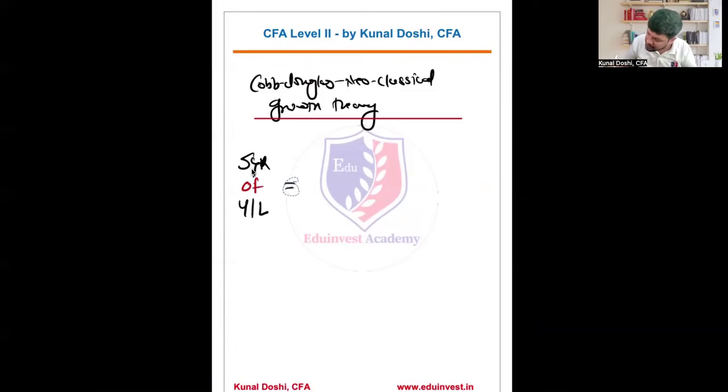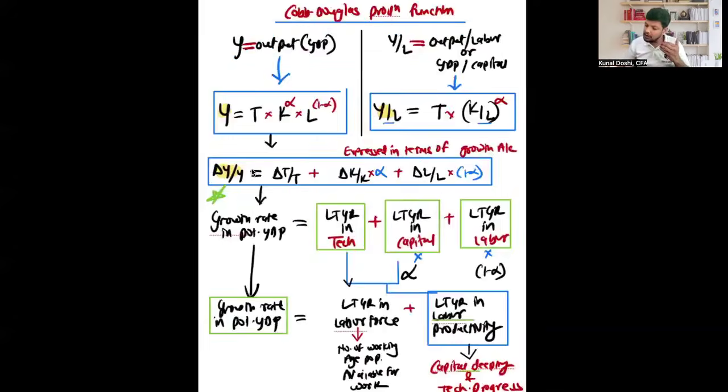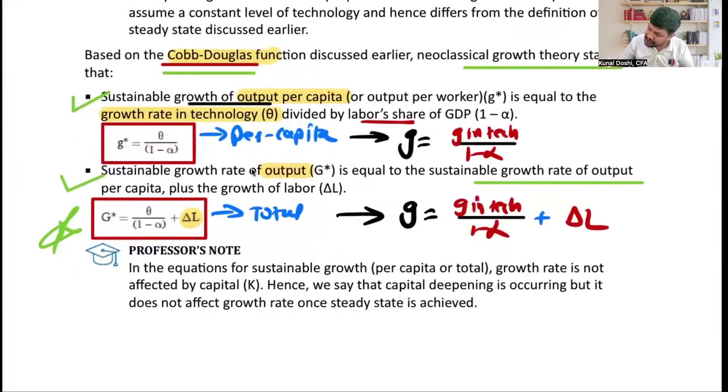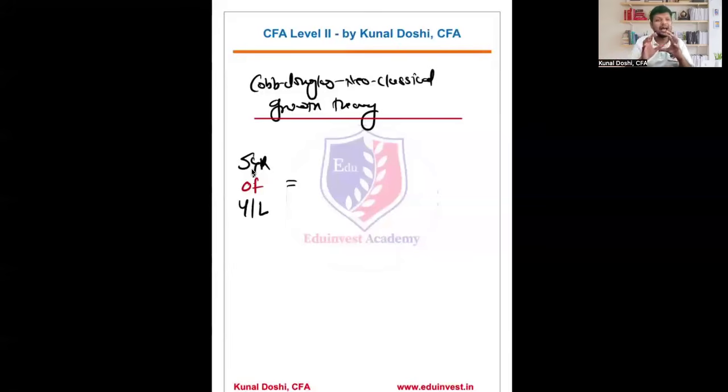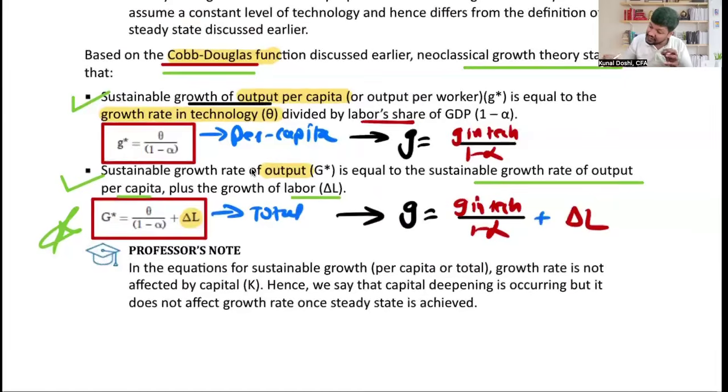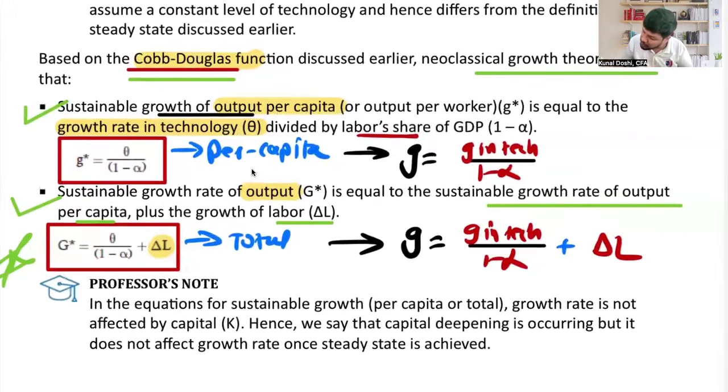Output per capita. Okay. So sustainable growth rate of output per capita is not only related to per capita but plus growth rate of labor. So if I want to find only per capita, I will take into consideration the capita rate. So basically here, if it is only based on capita, output per worker is equal to growth in technology divided by 1 minus alpha.